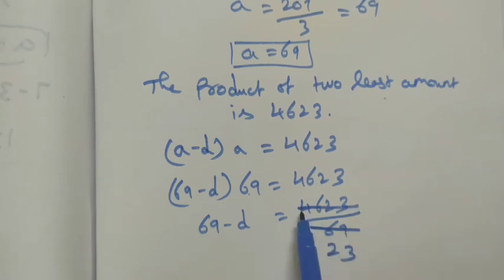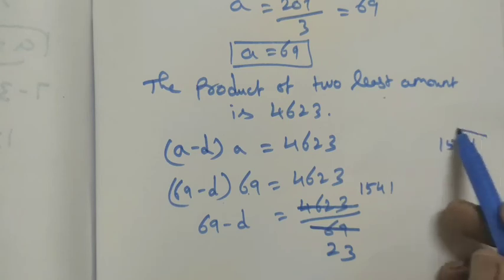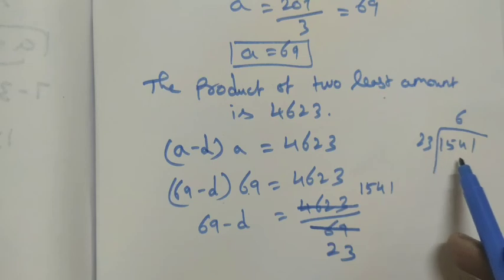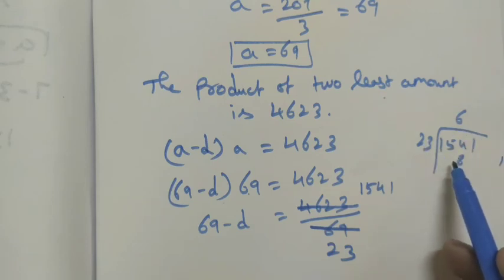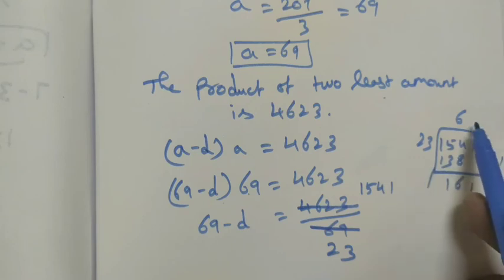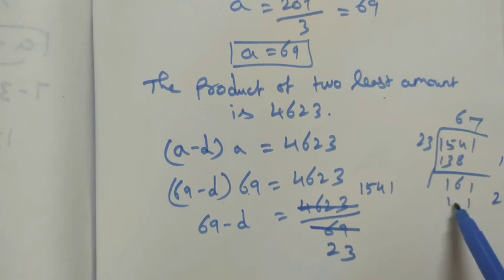When we divide by 3, we get 1541. Again, if you divide this number by 23, 1541 divided by 23 gives 67. So 67 is the term.